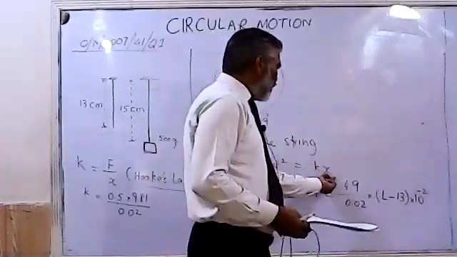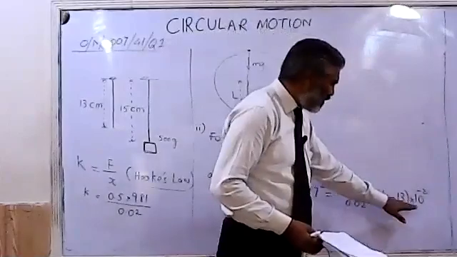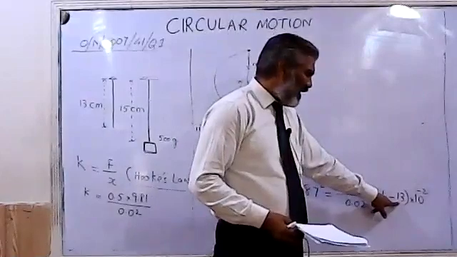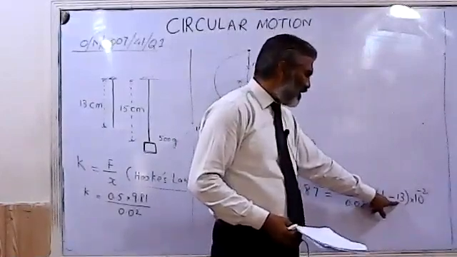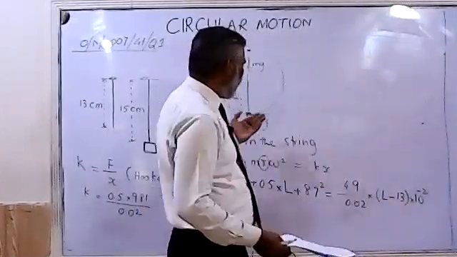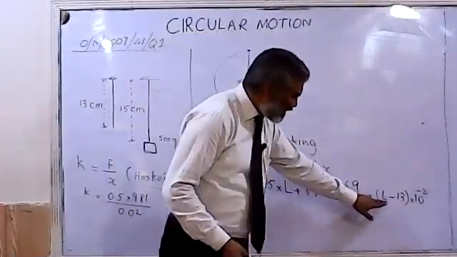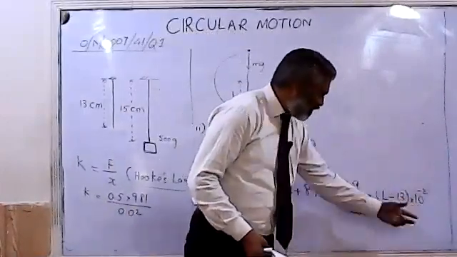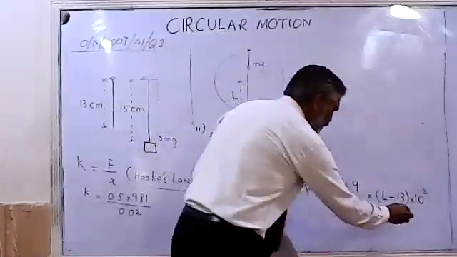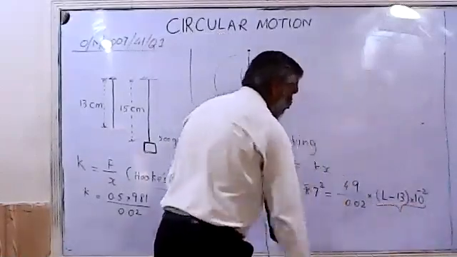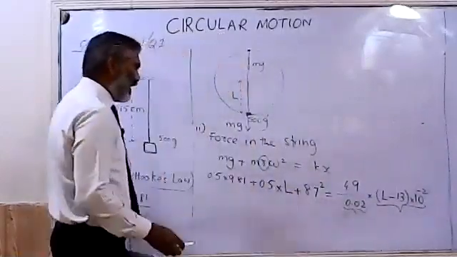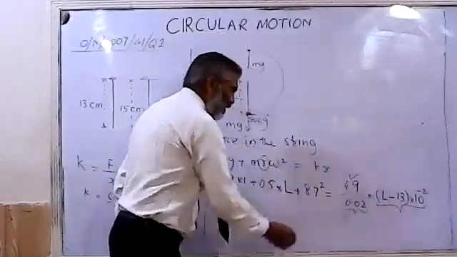The extension produced for this purpose can be taken equal to this, because 13 centimeter was the original unextended length. Expressed in meters, this should be written as 13 into 10 raised to the minus 2. The final length, which we don't know, I should write as L into 10 raised to the minus 2. So L minus 13 into 10 raised to the minus 2 is the total extension produced at the end. And this is the extension produced when we attached this weight to the string.